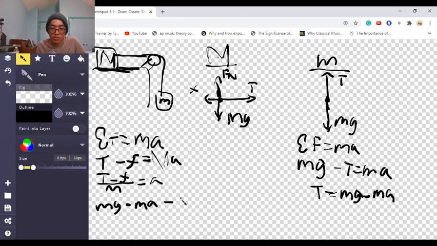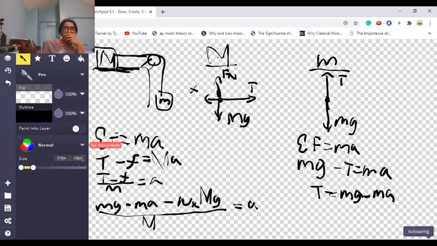So the kinetic coefficient of friction times the mass times the gravitational acceleration, that is friction, over big M would equal a.